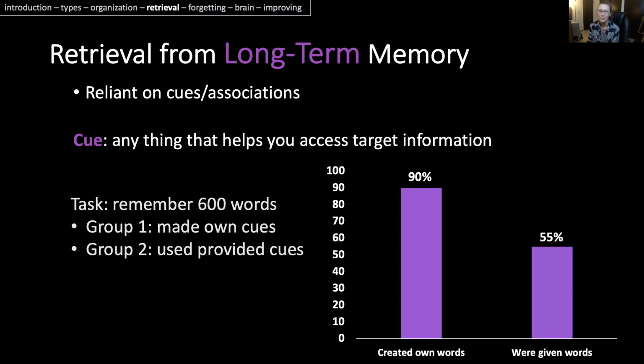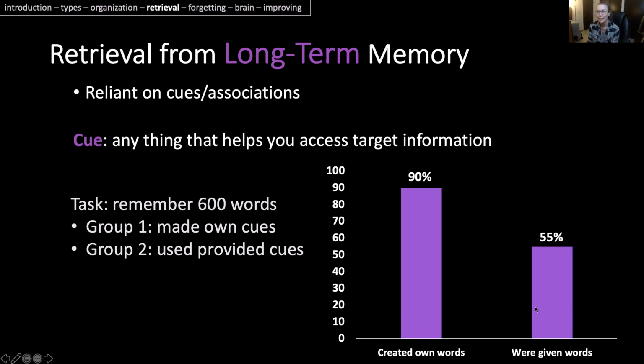So this graph is from an experiment where participants were asked to remember a set of 600 words, and they were divided into two different groups. The first group was allowed to make up their own cues for how to remember those words. The second group was given cues to use.